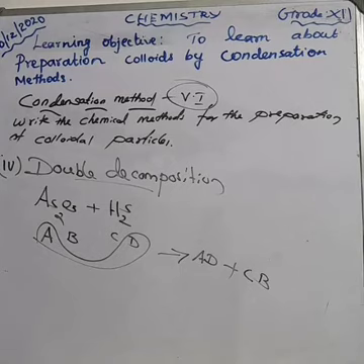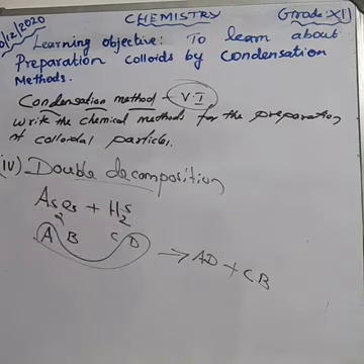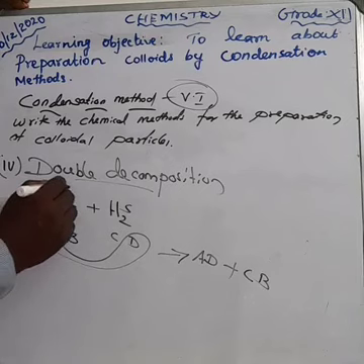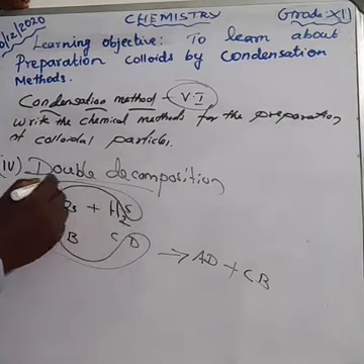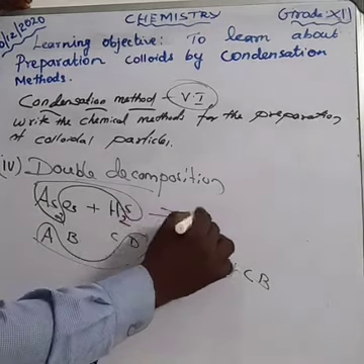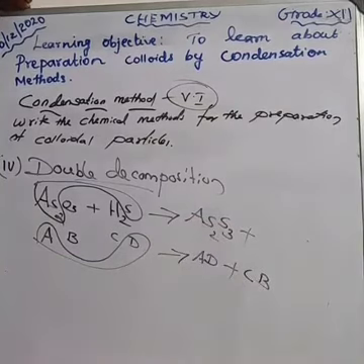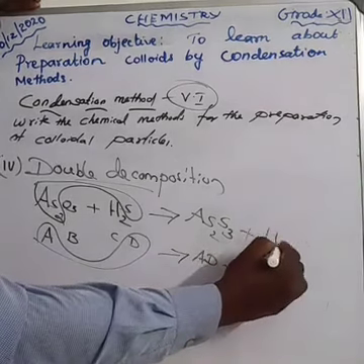Here arsenic reacts with the sulfide. That means we get As2S3, plus hydrogen combines with oxygen to form water molecule, H2O.